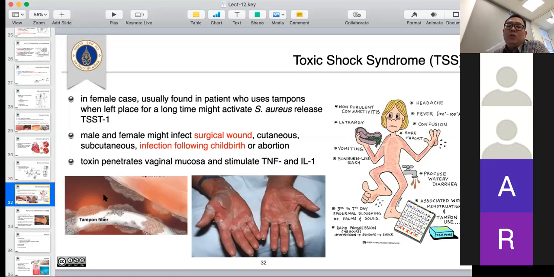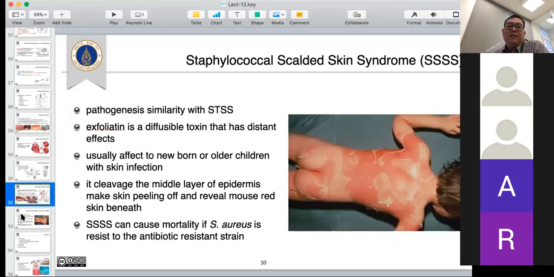No need to remember all of it, but you need to know that toxic shock syndrome is one of the key syndromes of Staph aureus.